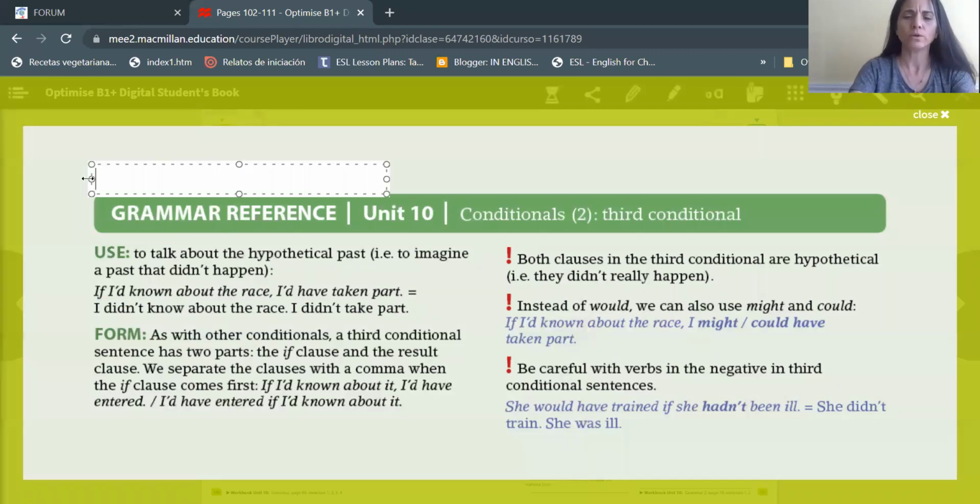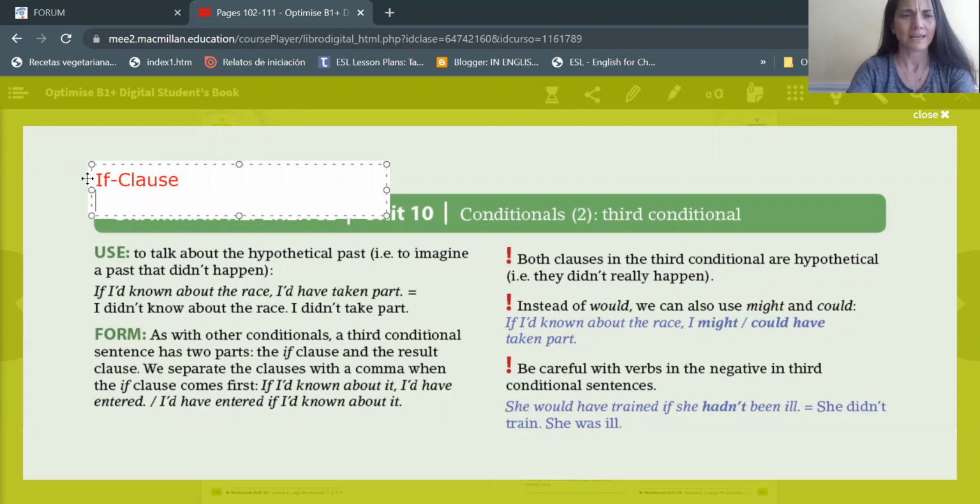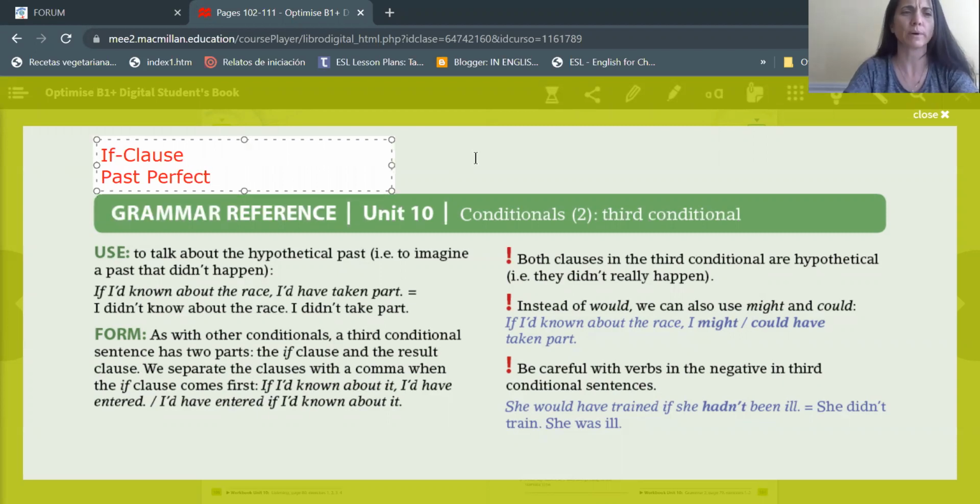If I had known, you can see that in the if clause, what we're using is the past perfect. Yes, in the if clause, we're going to use the past perfect.